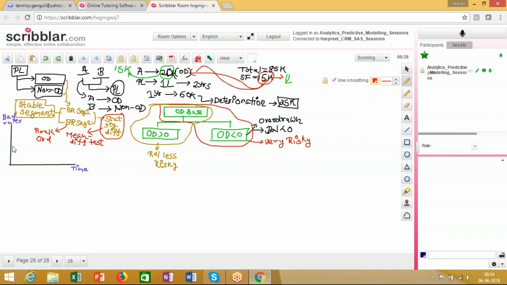Say for segment 1, which is the OD segment, this is over time the bad rate.